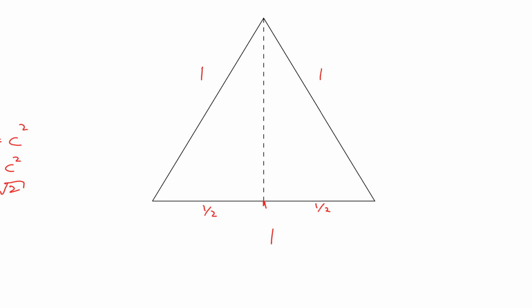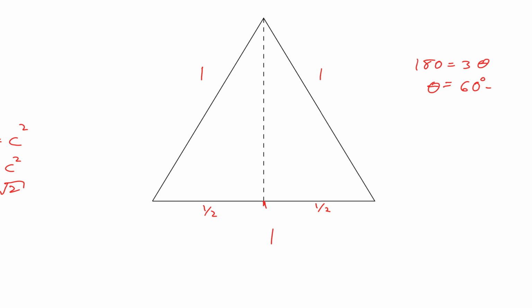Another thing about the equilateral triangle is that every angle is the same, right? So 180 equals 3 times theta, because each angle is the same. 180 equals theta plus theta plus theta. So to find each individual angle, we simply divide both sides by 3, and we end up with 60 degrees.